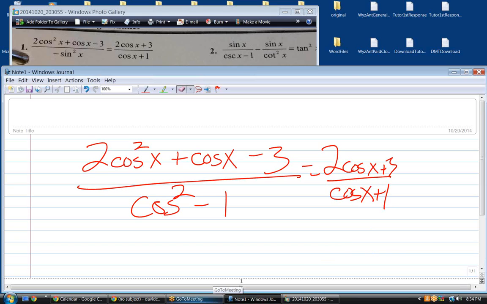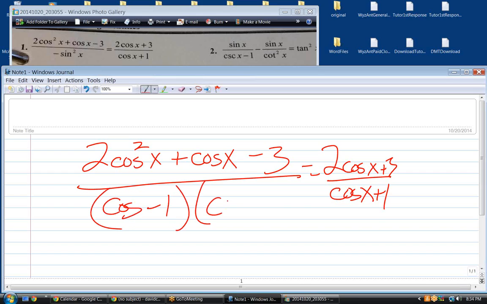All right. Now, they don't make this easy, do they? No. That's a difference of perfect squares. Let's make that say cosine minus 1 times cosine plus 1. Now, that makes it easier, because what can I do now? Can you start canceling?